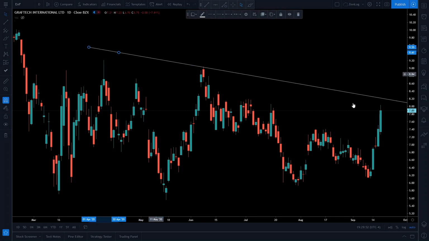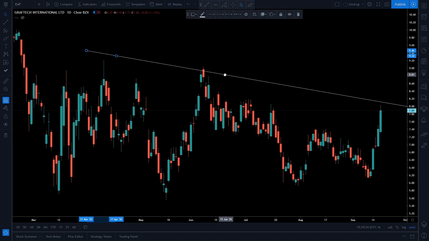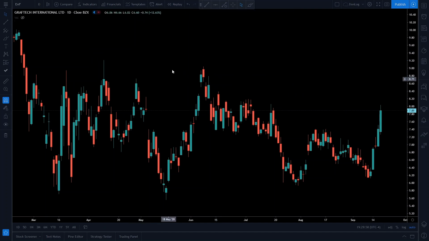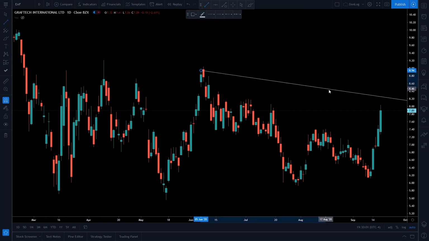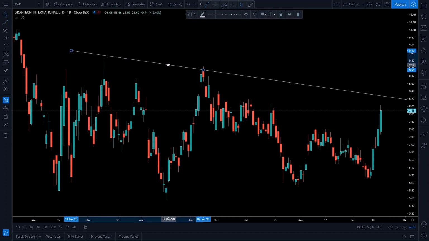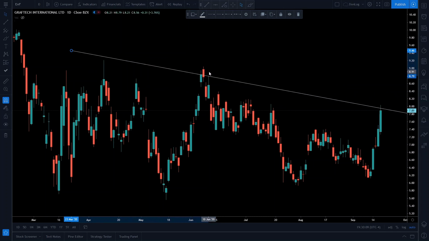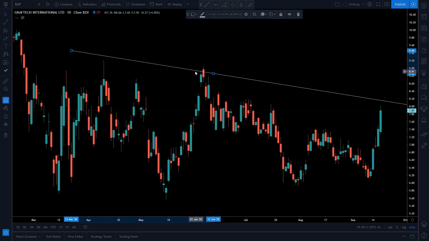So maybe if we get an average between these two wicks, let's see, that's a little bit too steep. I'm thinking more, let's take a look at this here. Maybe around here.